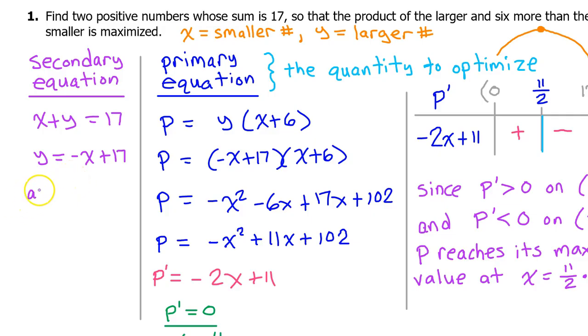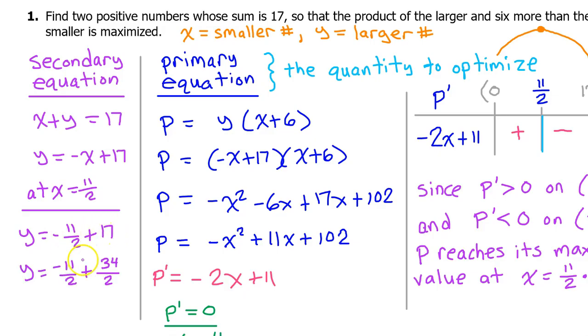Let's go back and say at x equals 11 over 2. So now we can plug in this value for x. So y is equal to negative 11 over 2 plus 17. 17 is 34 over 2.